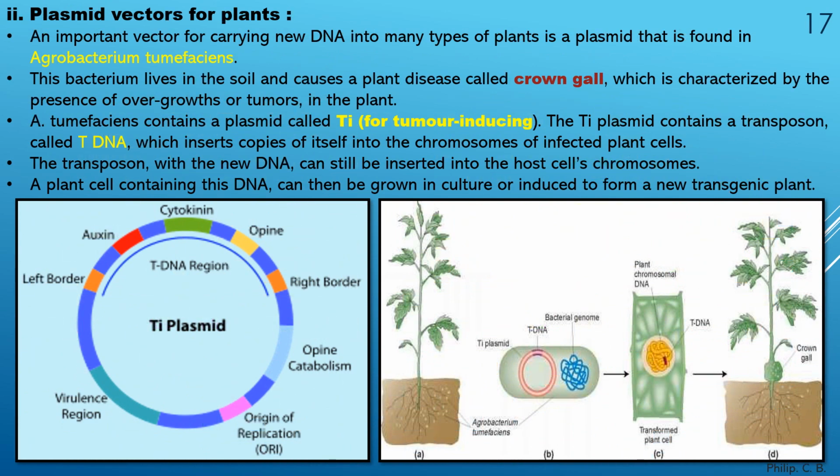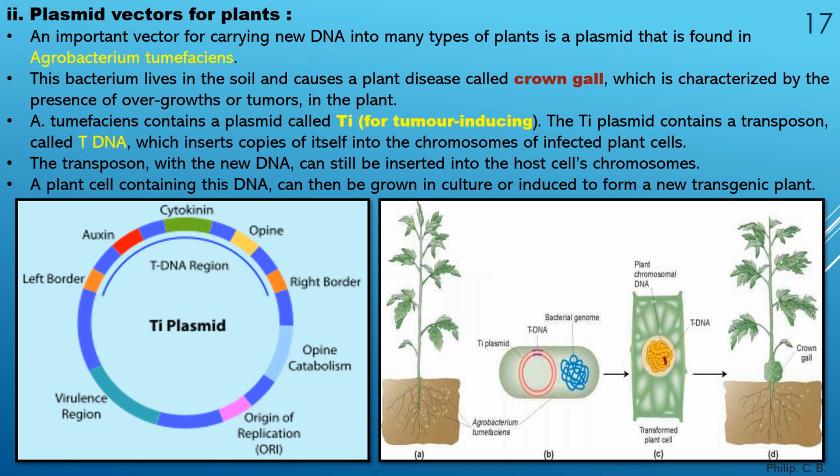Now further, plasmid vectors for plants. An important vector for carrying new DNA into many types of plants is a plasmid that is found in Agrobacterium tumefaciens. This bacterium lives in the soil and causes a plant disease called crown gall, which is characterized by the presence of overgrowth or tumors in the plant. The tumefaciens contains a plasmid carrying Ti, for tumor inducing.